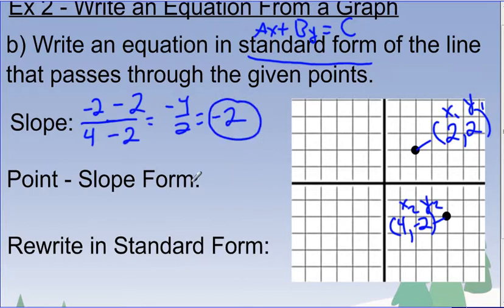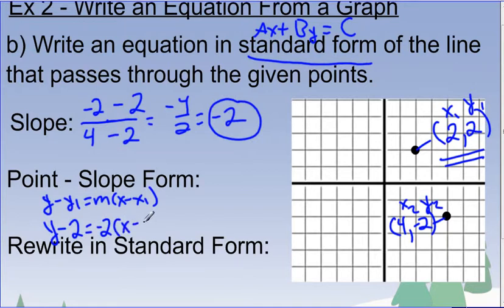Now we've got 2 points here. I'm going to pick this one to use because both numbers are positive, and why not? It's easy. So we're going to use the point-slope form of y minus y1 equals m times x minus x1. So y minus the y value equals the slope times x minus the x value.